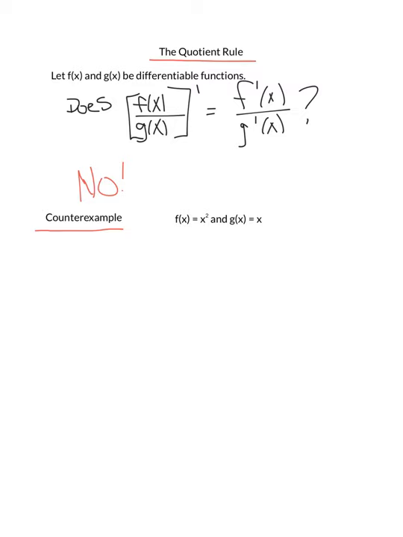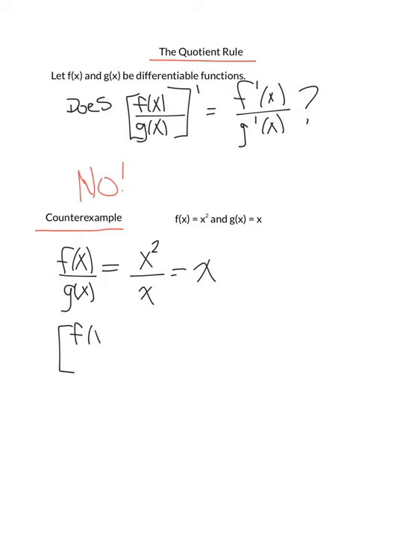So the first thing that I'm going to do is write f of x over g of x. Here I have f of x over g of x, and that is equal to x squared divided by x, which is equal to x.